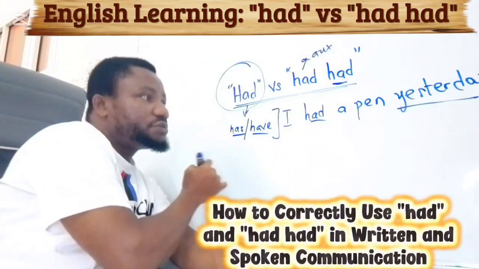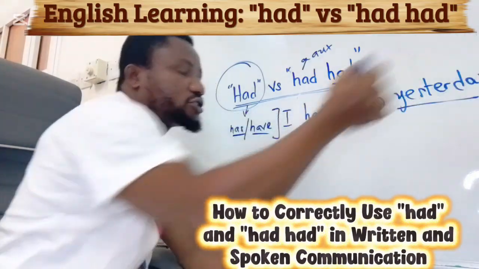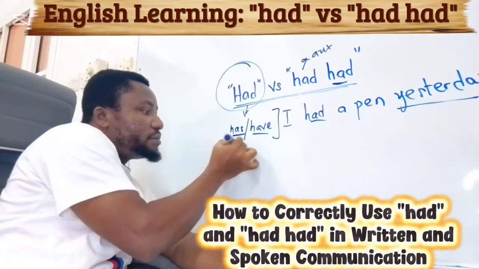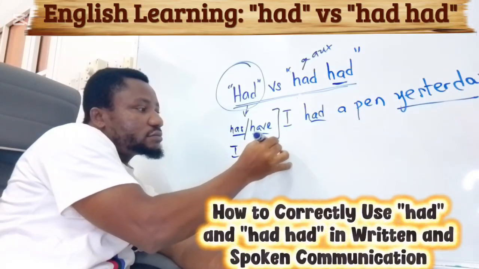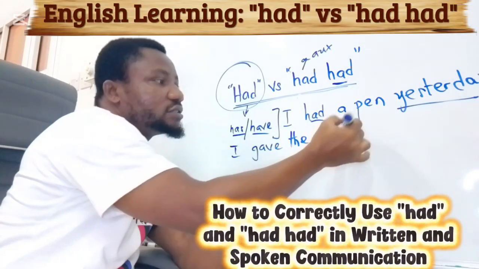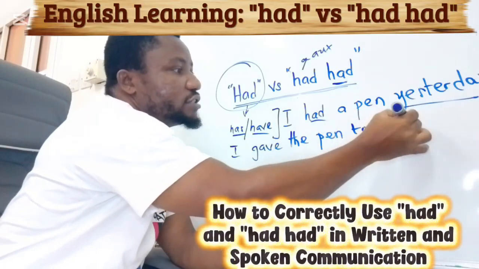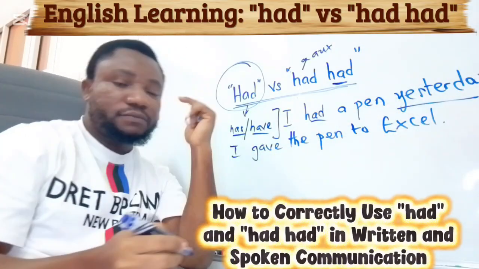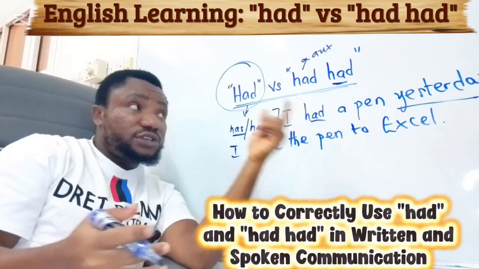Let's say we have something like, I had a pen yesterday, full stop. I gave the pen to Excel. Now let's put these two expressions together using had had.